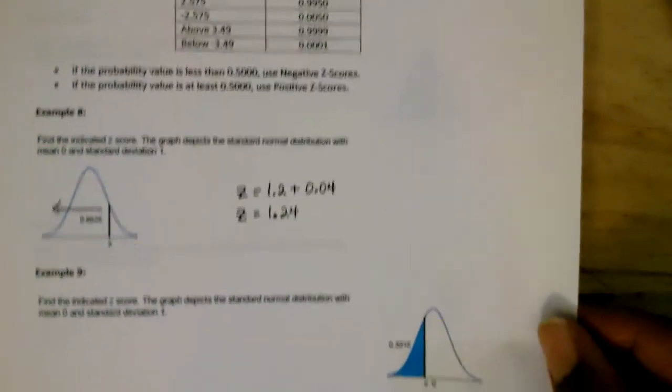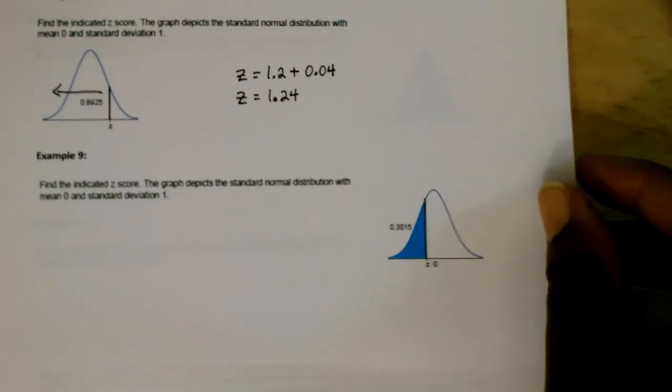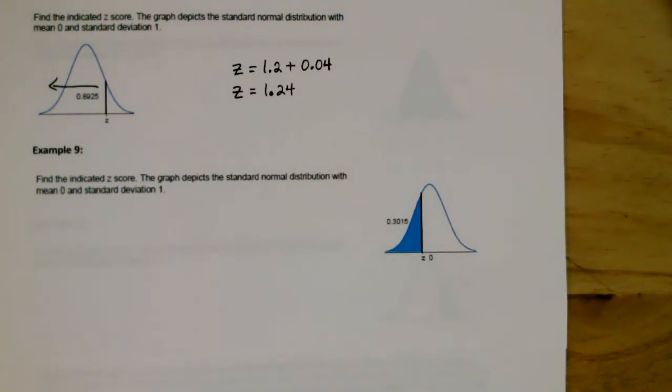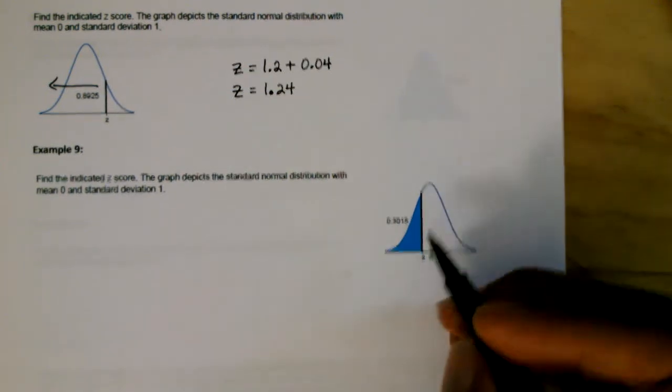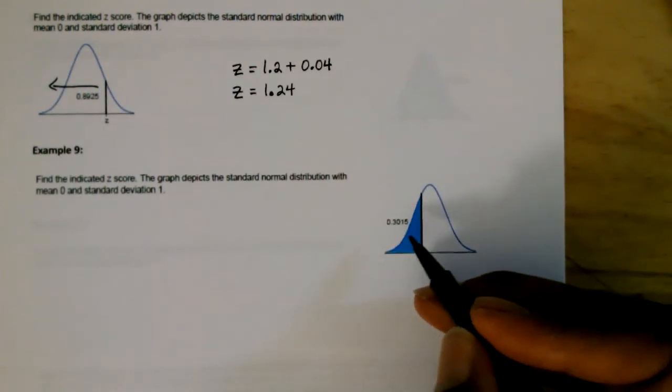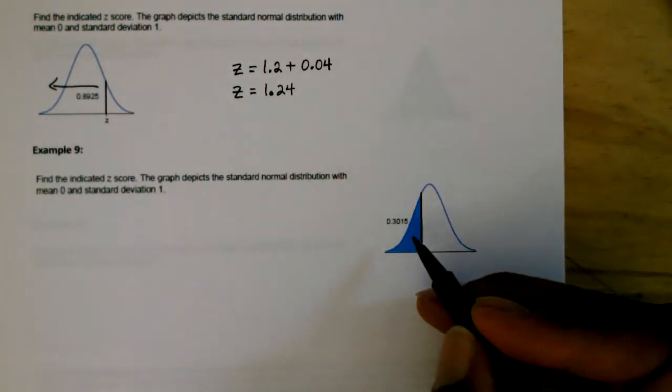Okay, here's another example. Example 9. Find the indicated z-score, and this graph depicts the standard normal distribution with a mean of 0 and a standard deviation of 1. And that area to the left that we have is 0.3015.